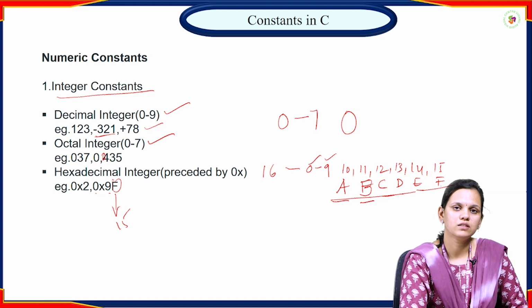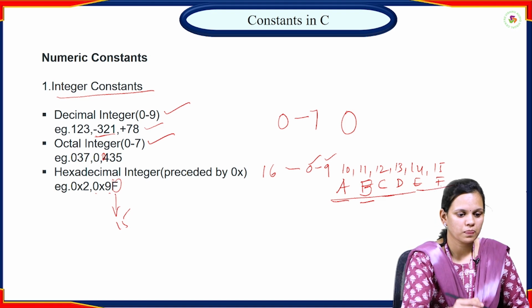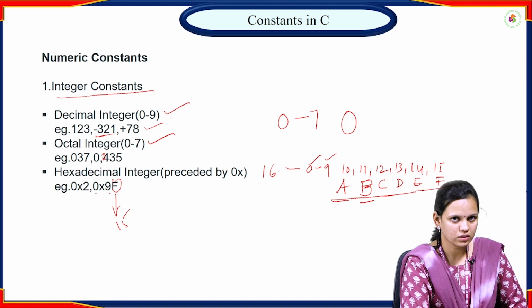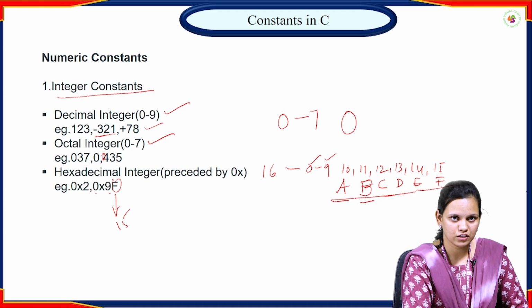So all these are numeric constants: decimal integer constant, octal integer constant and hexadecimal integer constant.